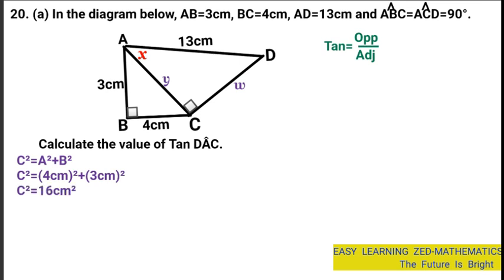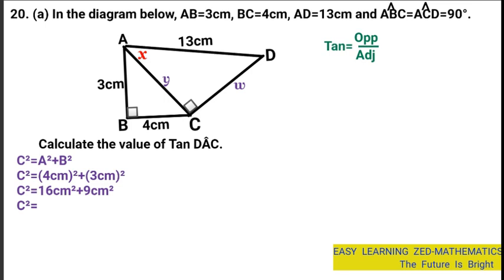Once I've done this, we add these numbers. So c squared, 16 plus 9 gives us 25, so it's 25 centimeter squared.